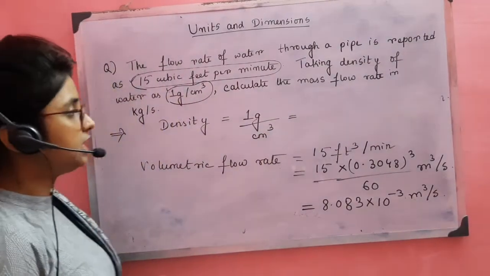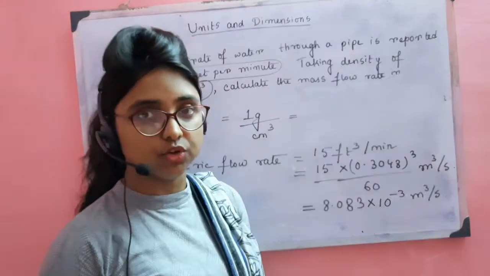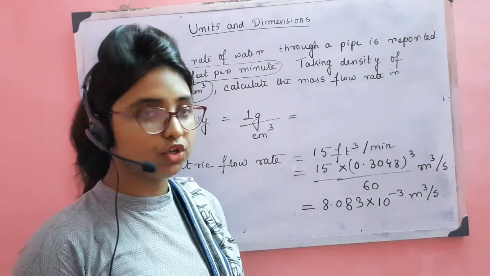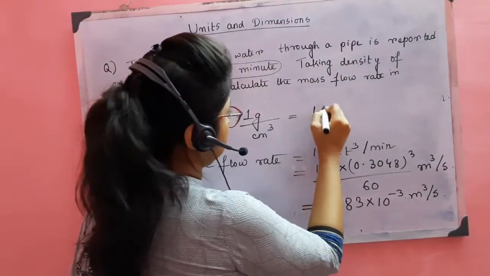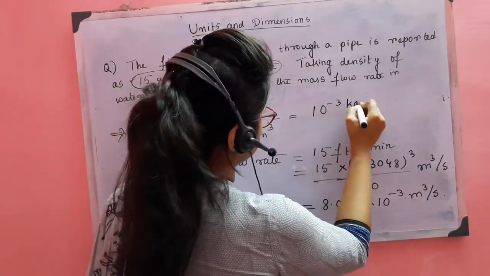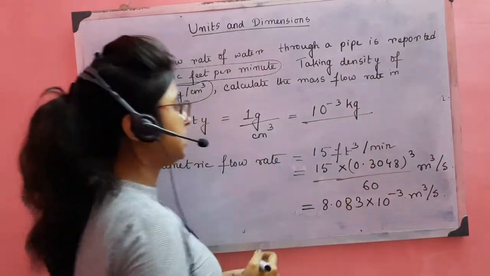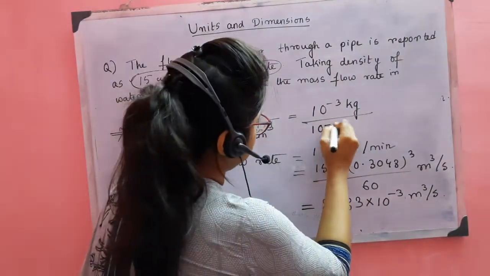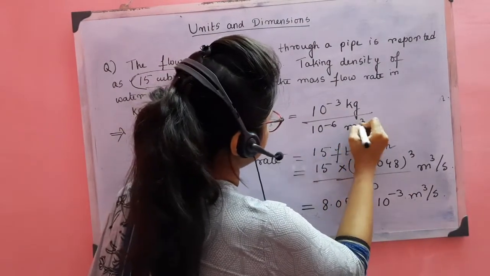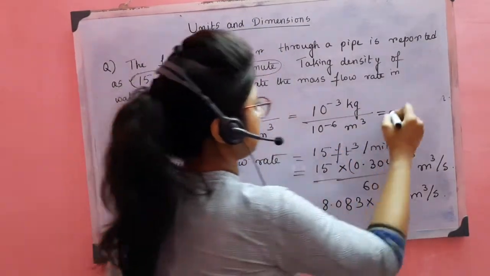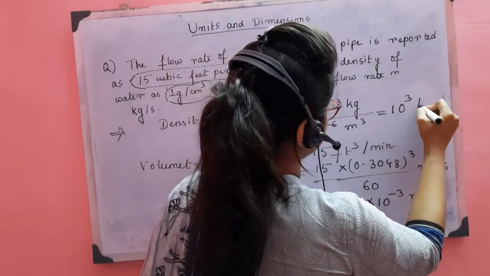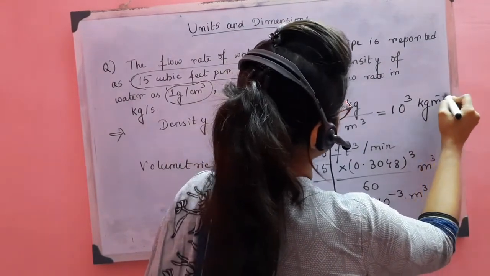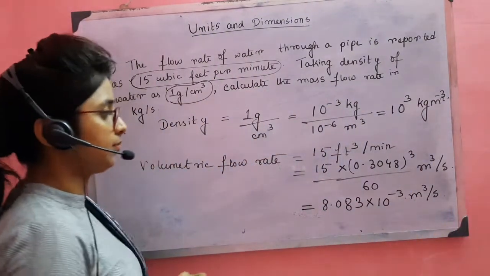Now for converting density into kg per meter cube, 1 gram is to be converted into kg. For that, 10 to the power minus 3 kg, and for converting centimeter cube into meter cube, 10 to the power minus 6 meter cube. So finally this gives me 10 to the power 3 kg per meter cube.